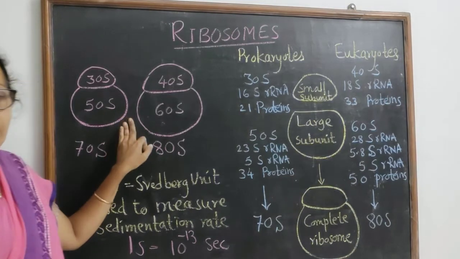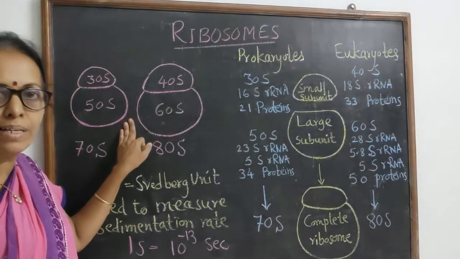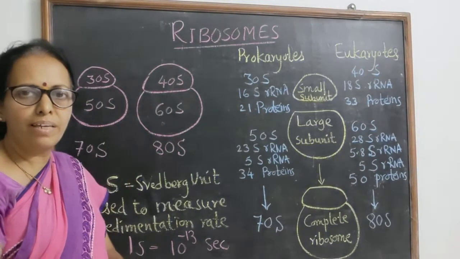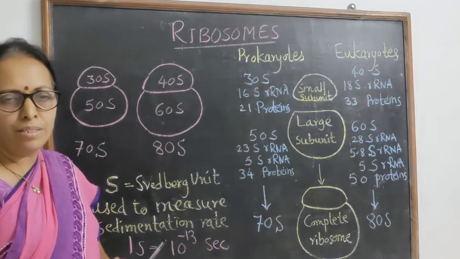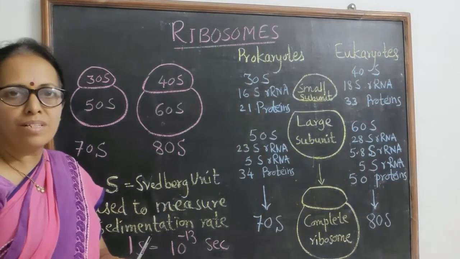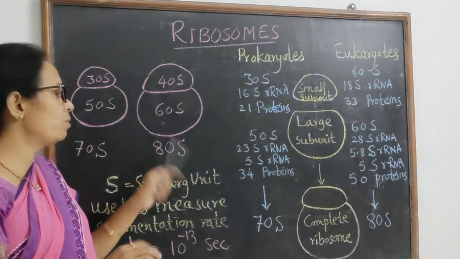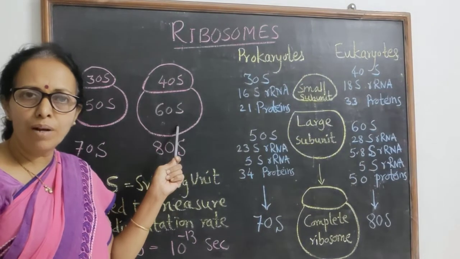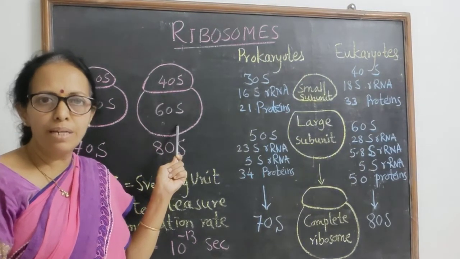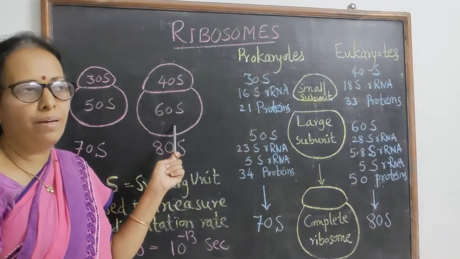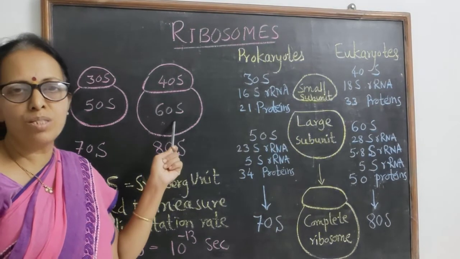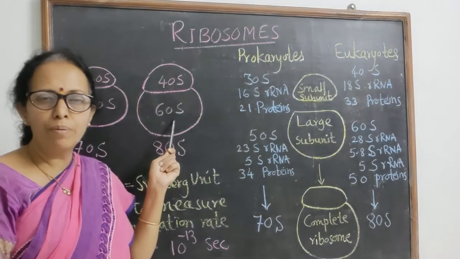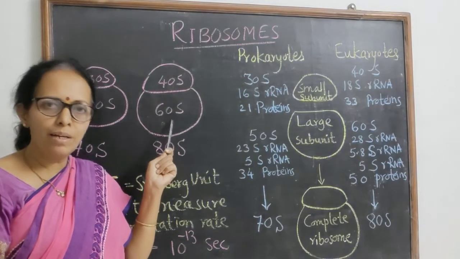Usually in a eukaryotic cell, both these types of ribosomes are present. In the cytoplasm we observe the first type, the 80S ribosome, which is freely suspended in the cytoplasm. Many times they are also associated with membranes like the nuclear envelope and endoplasmic reticulum.